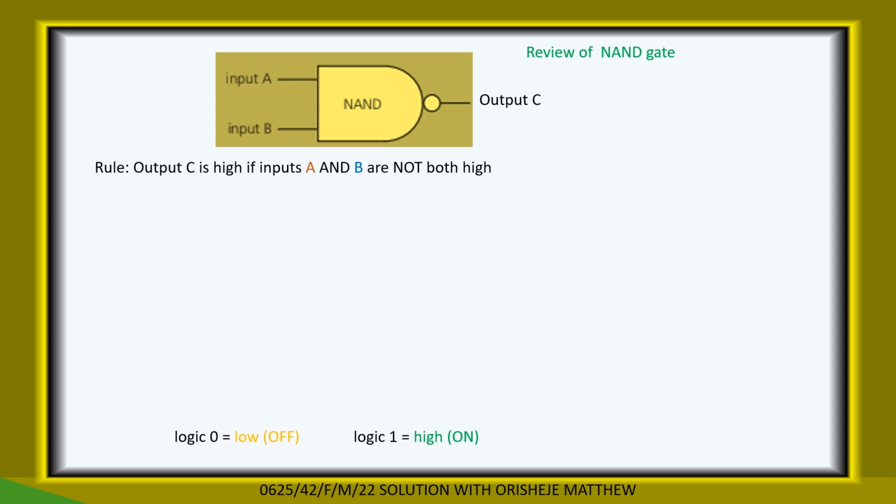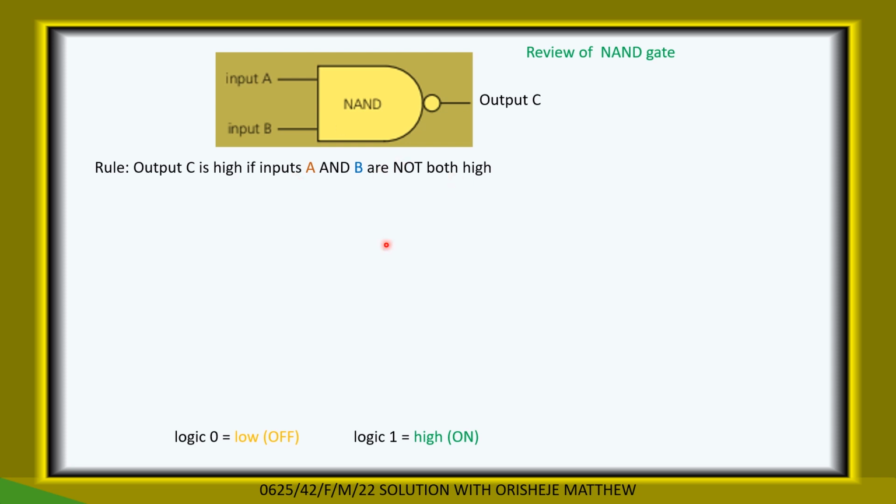The rule is that the output C is high if inputs A and B are not both high. That's how I got the name, NOT AND. So A AND B is the NOT of the A AND B result.